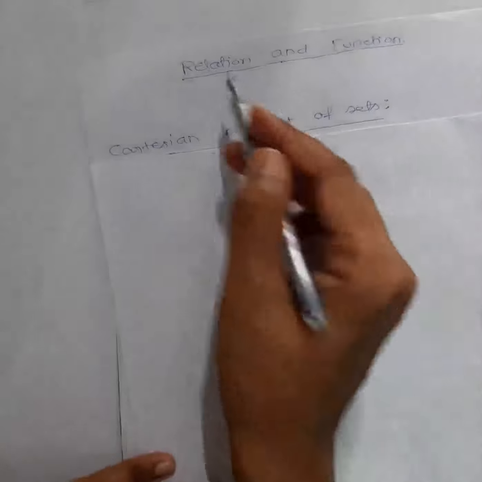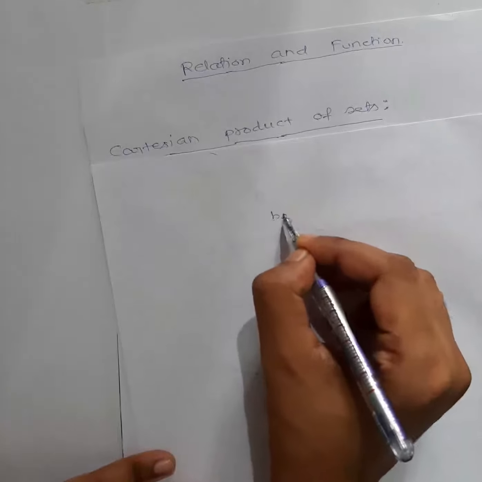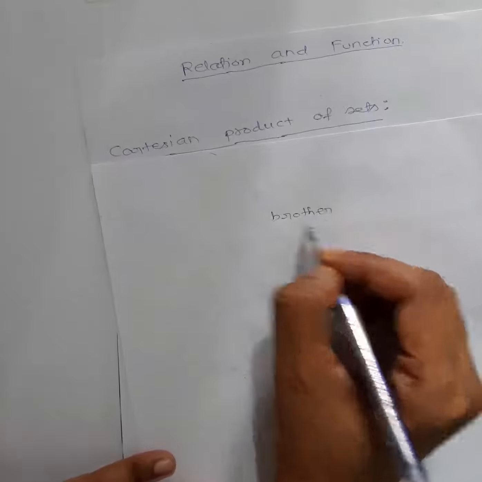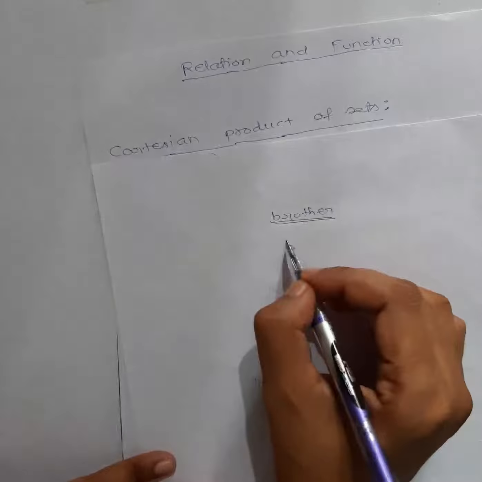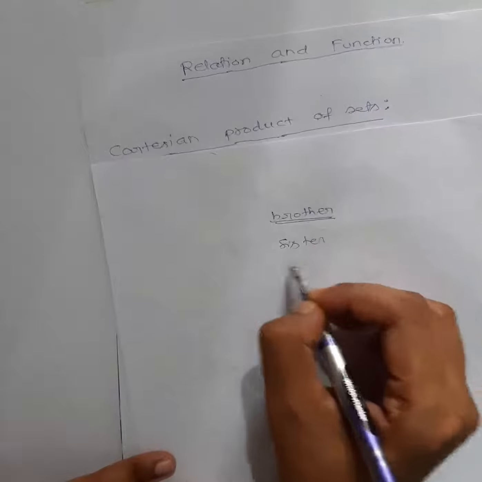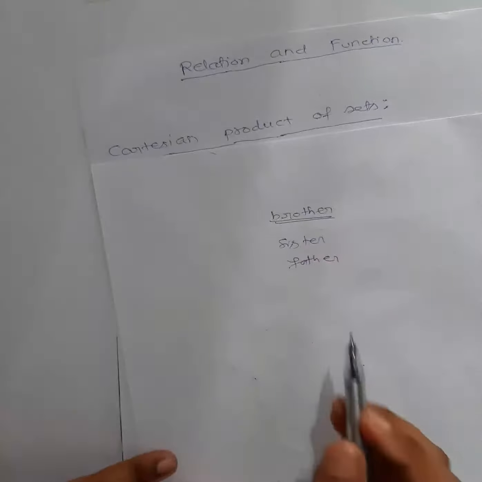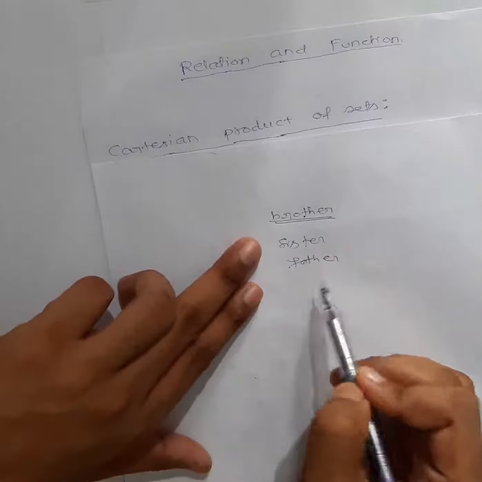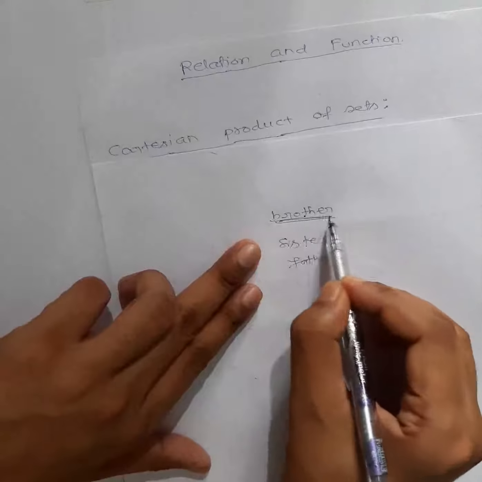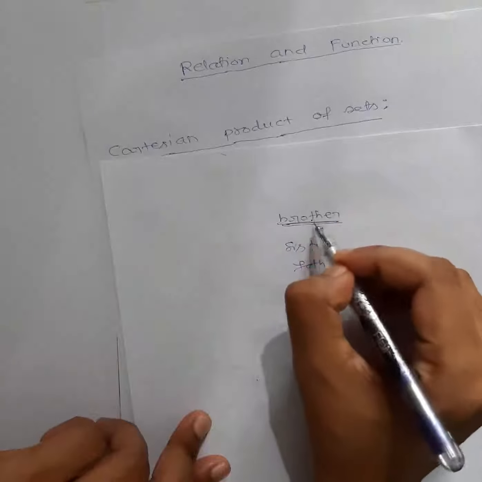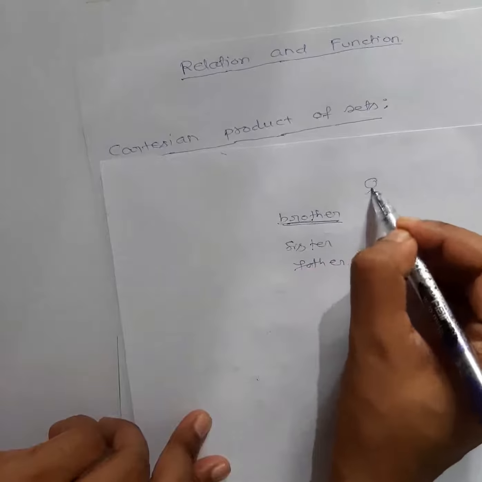So, by the word relation, what do you understand? For example, brother. Brother is one relation, right? Sister, father, all these are one kind of relation. Now, whenever there is a relation, one thing is very important here. When I say brother, between how many persons can you make the brother relation?